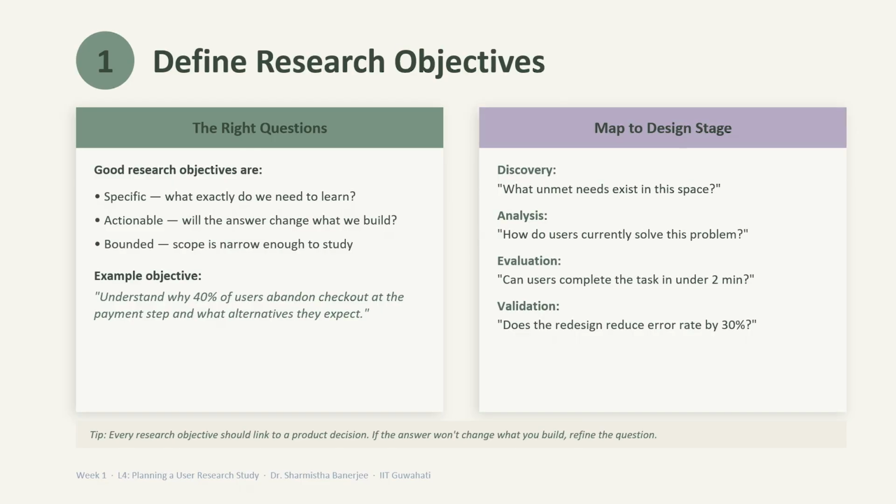Let's start with step 1, which is to define the research objectives. The right questions need the right objective. A good research objective is specific. Let's take the example: I want to understand why 40% of the users abandon the checkout at the payment step and what alternatives they expect there.